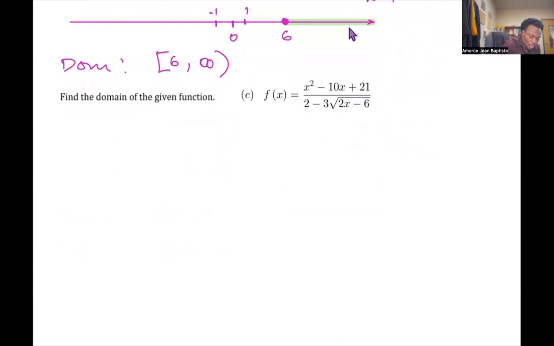So the two conditions are going to be 2x minus 6 we don't want to be less than 0, so we want it to be greater or equal to 0. And we also don't want the whole entire bottom to be 0. So we want 2 minus 3 square root of 2x minus 6 to be not 0.